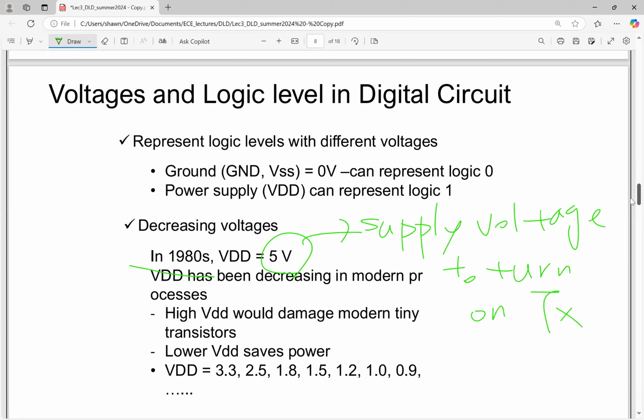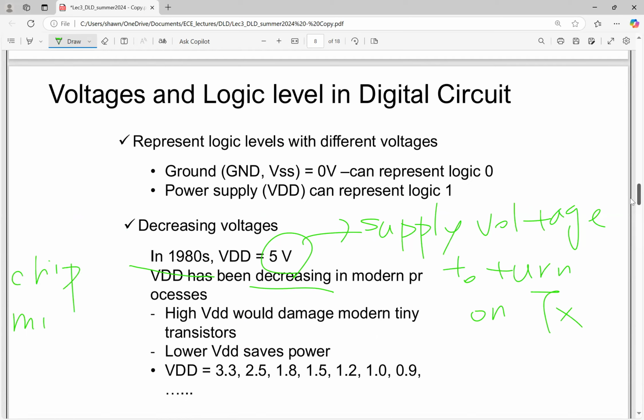But this supply voltage, which is VDD, has been decreasing because semiconductor technologies have been growing so fast.